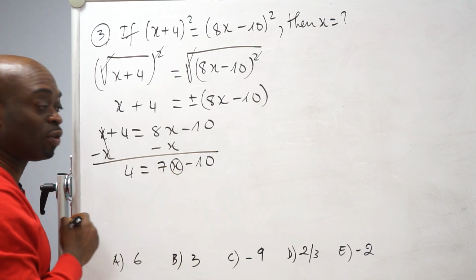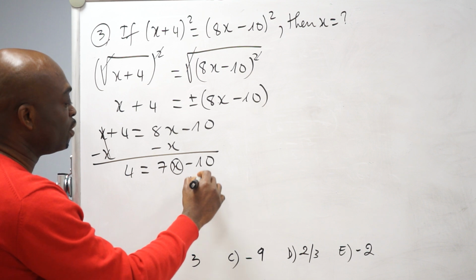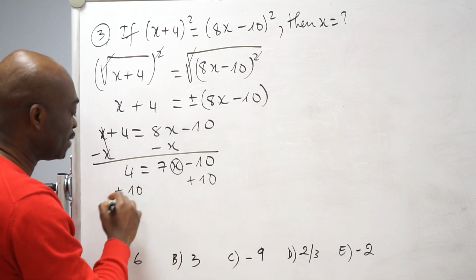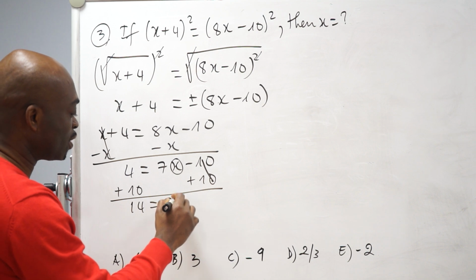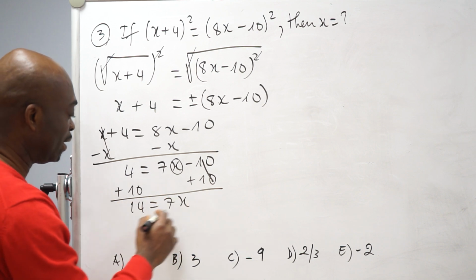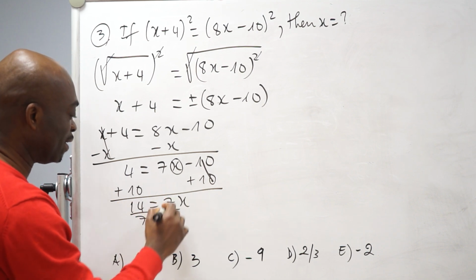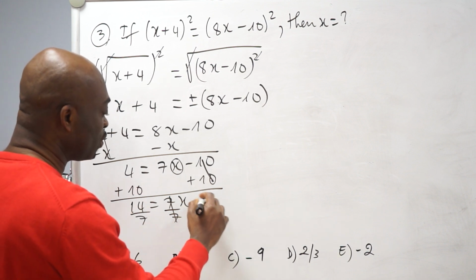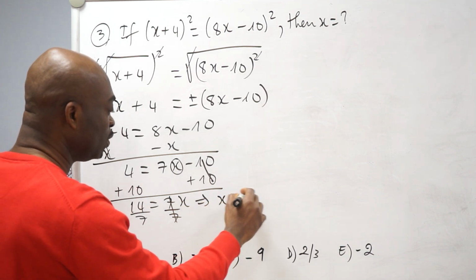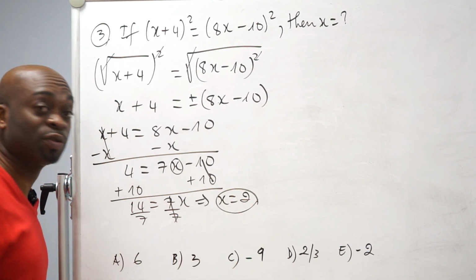As we're solving for x, we add 10 to both sides. So we end up with 14 equals 7x. Then we divide by 7 and 7. 14 divided by 7 equals 2. So x is equal to positive 2.